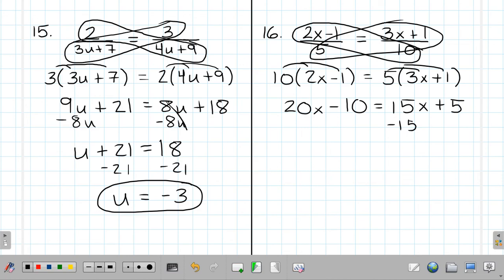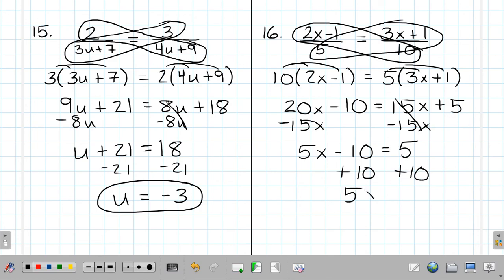So I'm going to subtract the 15x. Okay, 20x minus 15x is 5x, minus 10 is equal to, those are going to go away, leaving me with 5, plus 10, plus 10, 5x is equal to 15. So those will go away, and divide by 5, x is equal to positive 3.